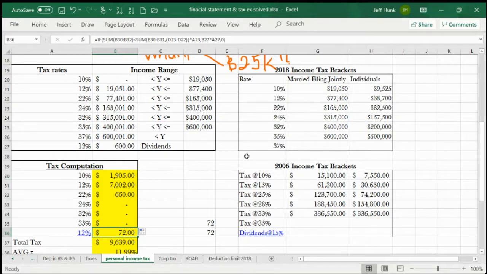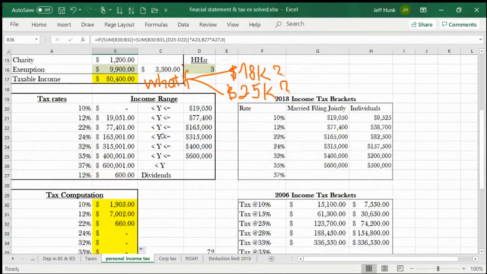So the marginal income is like incremental income. Currently our taxable income falls into this bracket, right? So if you're making one additional dollar, do I go into the next bracket? No, we don't.